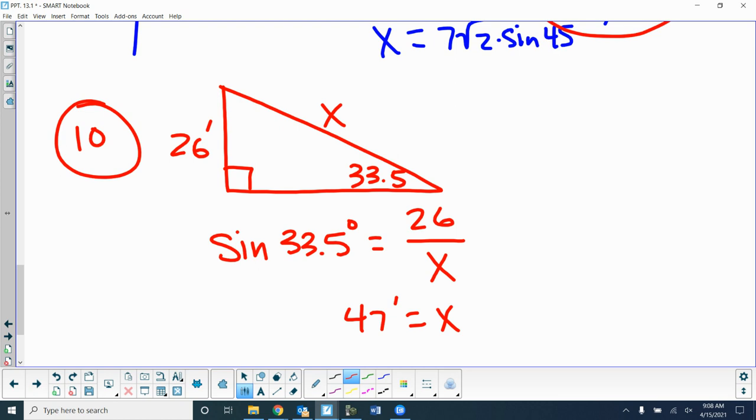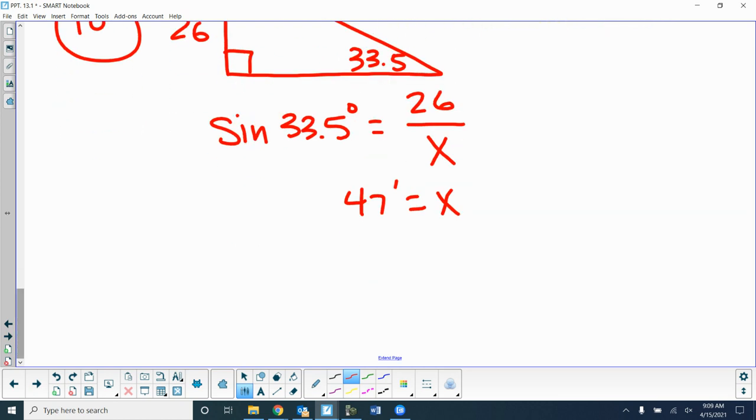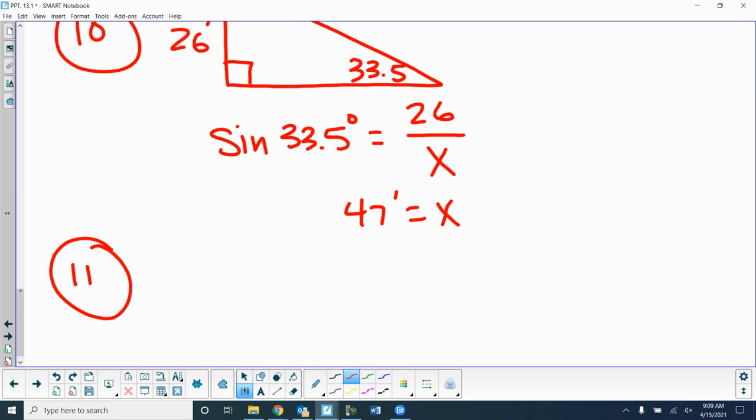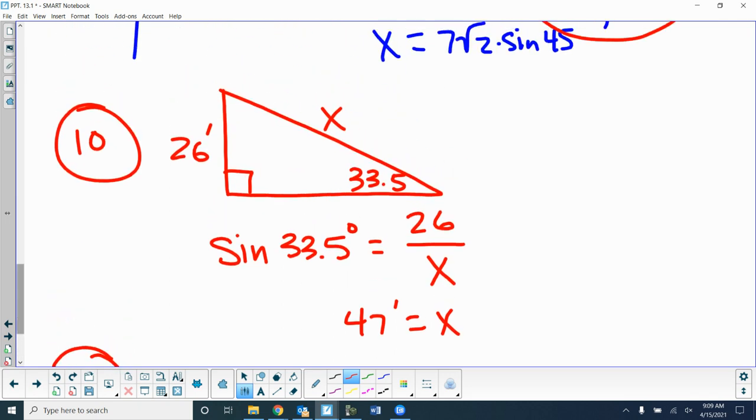Again, you're going to end up dividing 26 by the sine of 33.5. Questions? Does that make sense? Yes, sir. Why wouldn't you just multiply 26 by 2 to get the hypotenuse? If this was a 30-degree angle, I would. It has to be 60 when that works, yes. All right, just that special triangle.